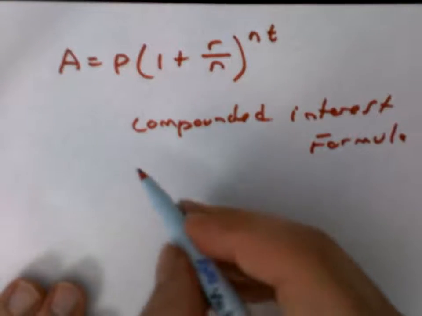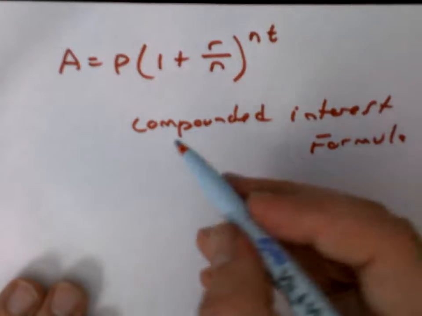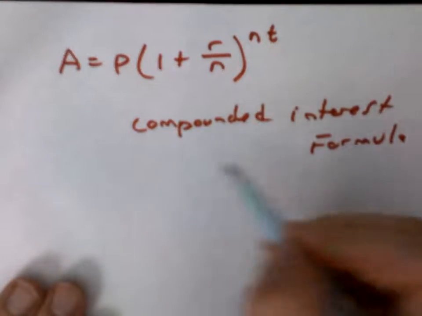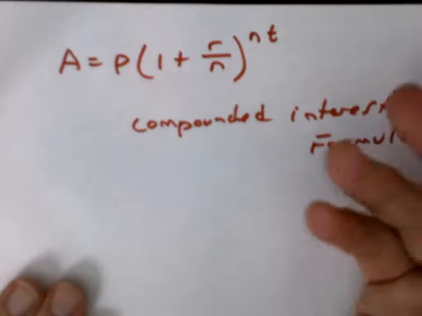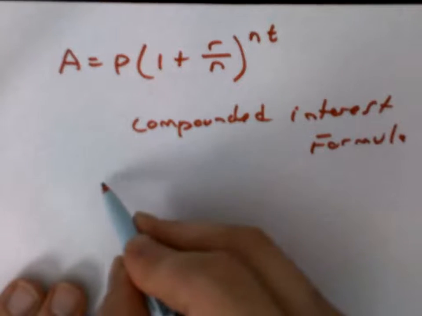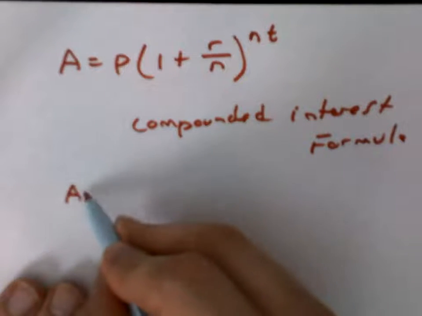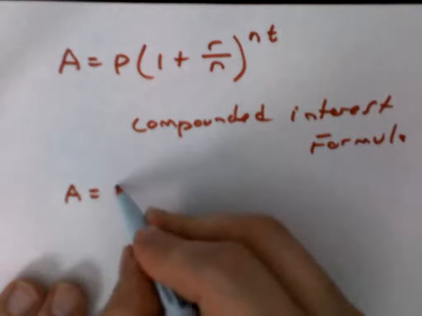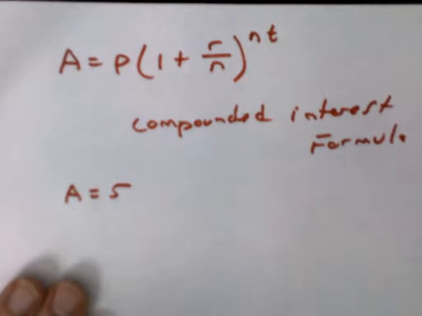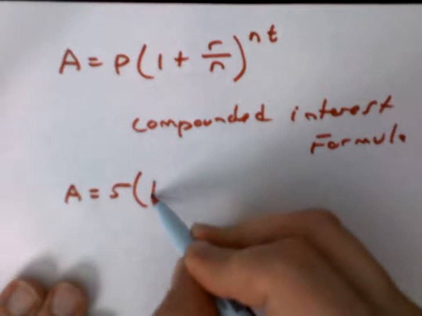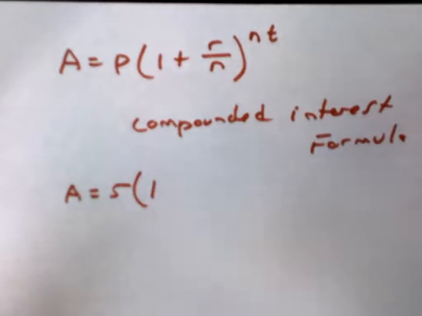This just means that if you take some money and you want to build on it, say we want to find the amount, and we put $5 into an account. Remember, you're always going to have 100%.